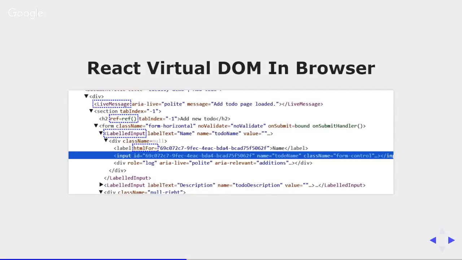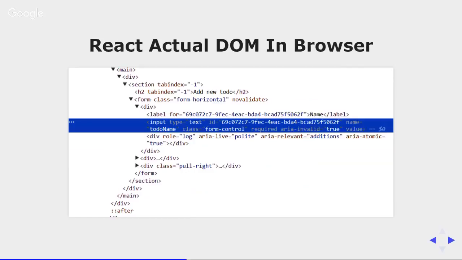I know that ref and htmlFor are not valid HTML attributes, but this is basically a one-to-one translation of my React component tree. When this gets rendered into HTML, though, this is what I get. And what do I see there? Nothing but clean old HTML. And that is really a secret in creating accessible React apps, the fact that I can create clean old HTML.